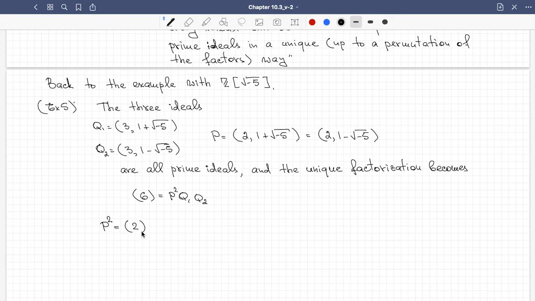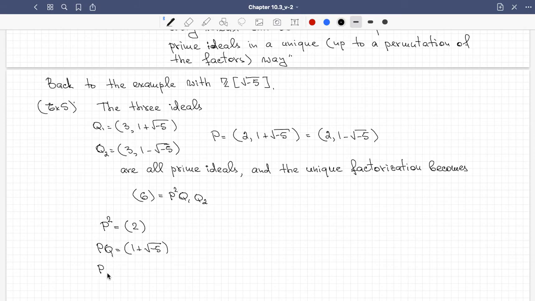P times Q1 is the principal ideal 1 plus root of negative 5.